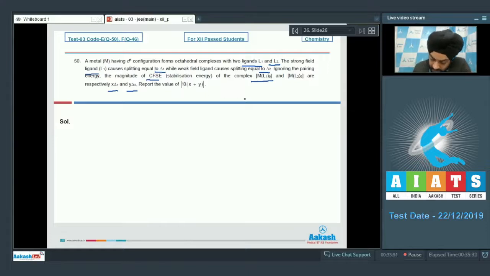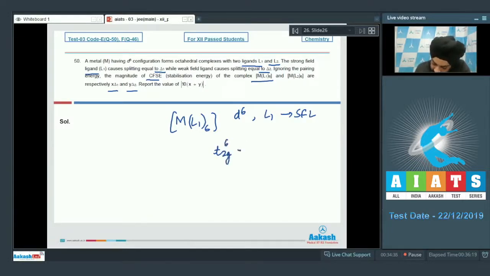So if we talk about this given system of metal and ligands, we have ML1 whole 6. The metal has a d6 configuration and the ligand L1 is a strong field ligand. So the configuration of these electrons is going to be t2g6 and eg0. There will be splitting and all the 6 electrons will be given to the t2g level and the eg level will have 0 electrons.